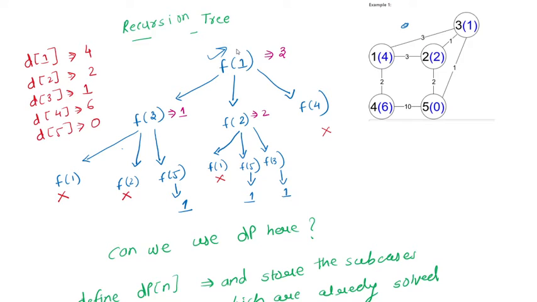Those are 3, 2 and 4. Let me write their d's on top of them, so it will be easy for us. D of 1 is 4, d of 3 is 1, d of 2 is 2, d of 4 is 6, and d of 5 is 0.